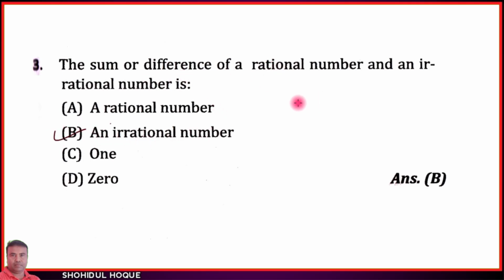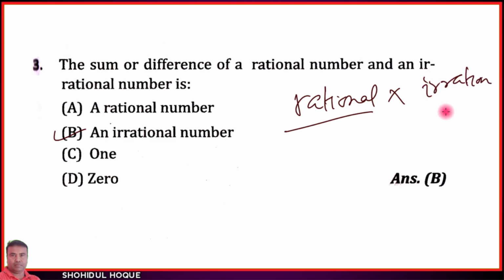Remember, any rational number, already you have got this formula, you have to remember. A rational number when multiplied with an irrational, the result will be irrational itself. Already the previous question we have got.